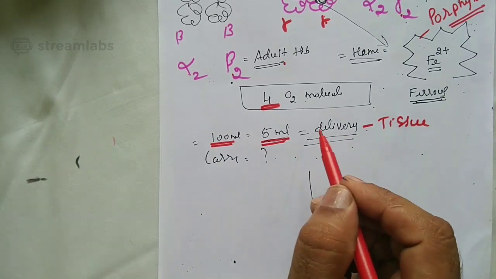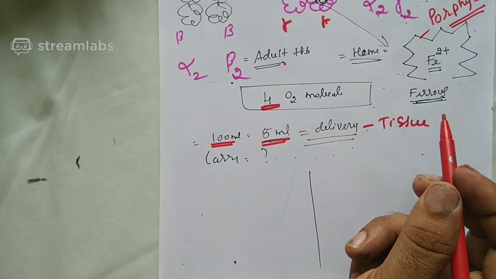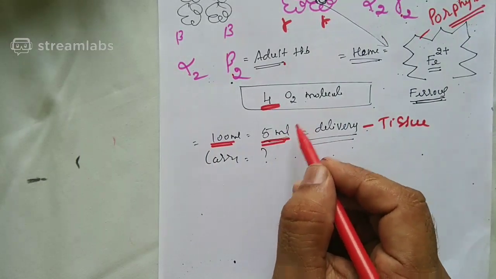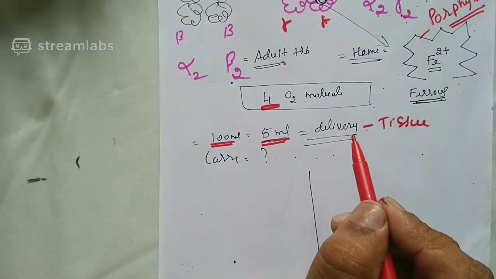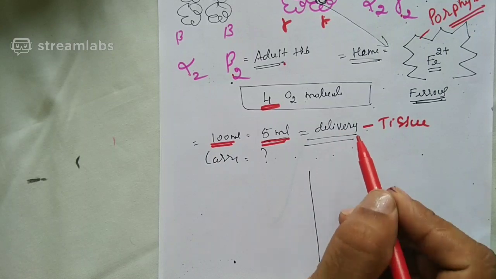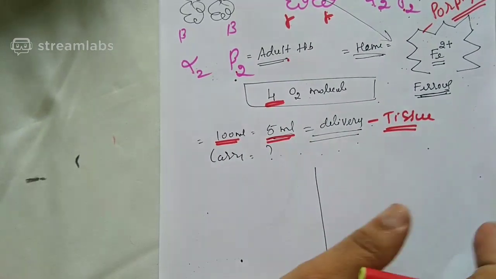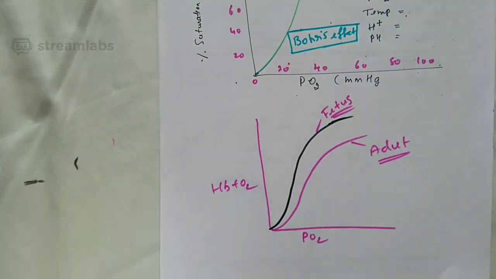That means 5 ml is delivery and 20 ml is carry. Hope the matter is very clear. And in a hypoxic condition, this delivery amount will become more. Remember, in a severe hypoxic condition, it can even deliver up to 15 ml of oxygen to tissue. Please remember that. With that, we will be moving to the next aspect called the oxygen dissociation curve.